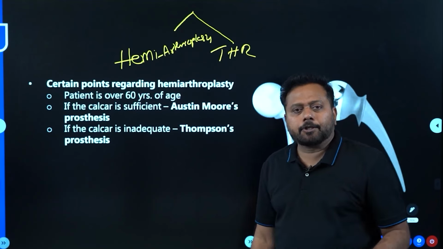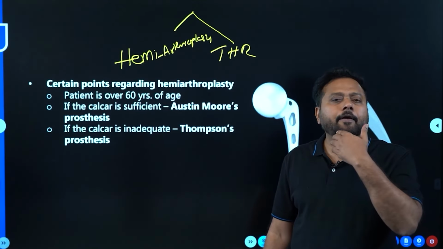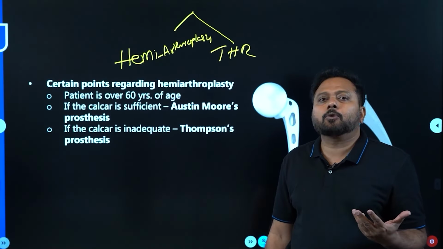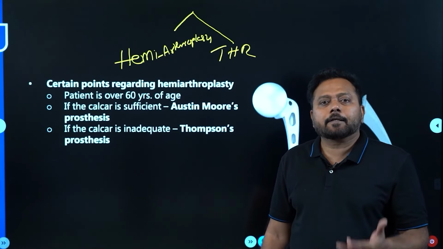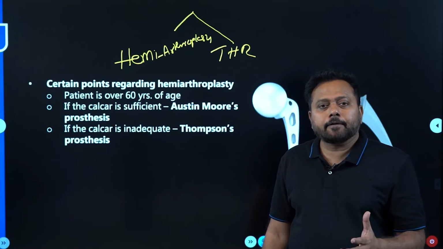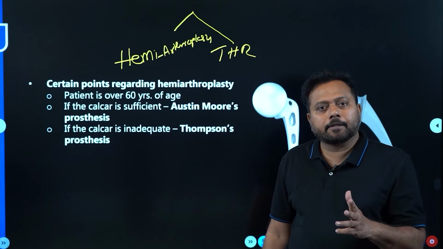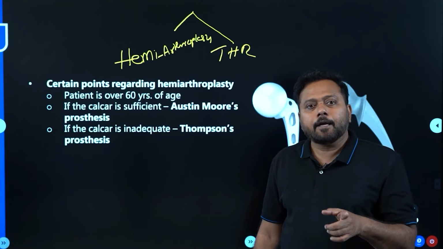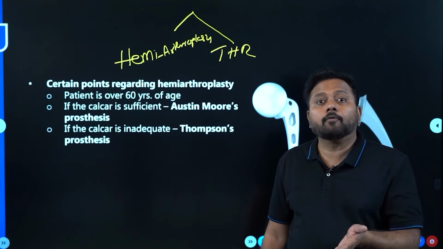Putting it in a nutshell, if it is Garden type 3 or type 4, straight away I should plan for arthroplasty. I will decide the type depending upon the age of the individual and the acetabular status. If the individual is above 60 years, or below 60 years with a fine acetabulum, I will try hemiarthroplasty. If the acetabulum is damaged, no question about age, I will go for total hip.